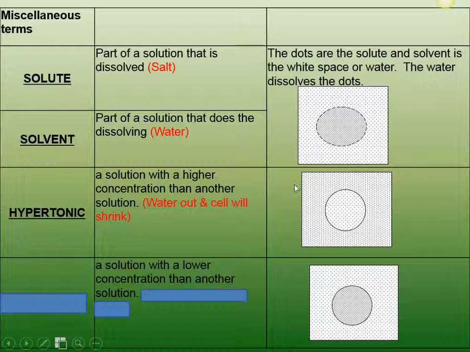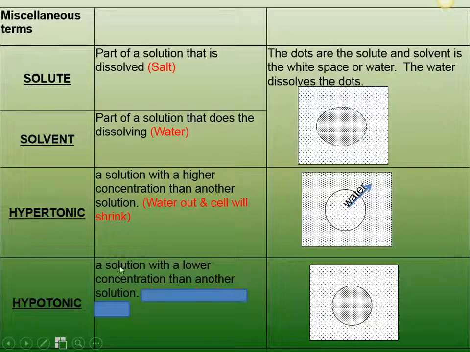The word hypertonic means that the solution is more concentrated than the inside of the cell. Let's say these particles cannot diffuse out of the cell, so water has to move. That means osmosis will drive the water out of the cell in order to get the ratio of particles to water equal inside and outside of the cell. That will cause this cell to shrink. So water is going to leave the cell.